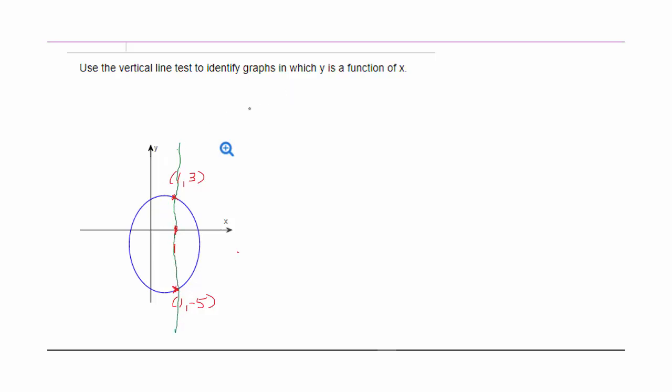So in other words, let me type this out, make it bigger.